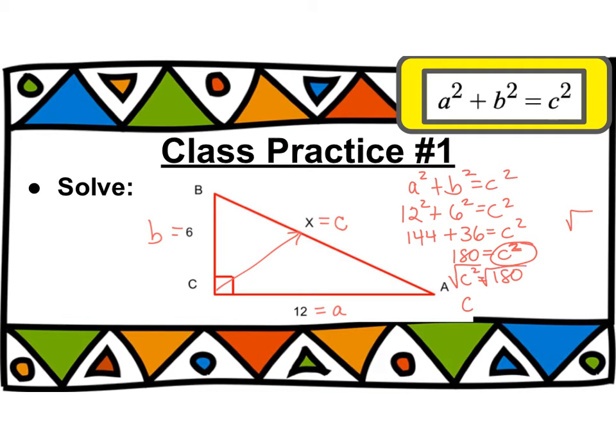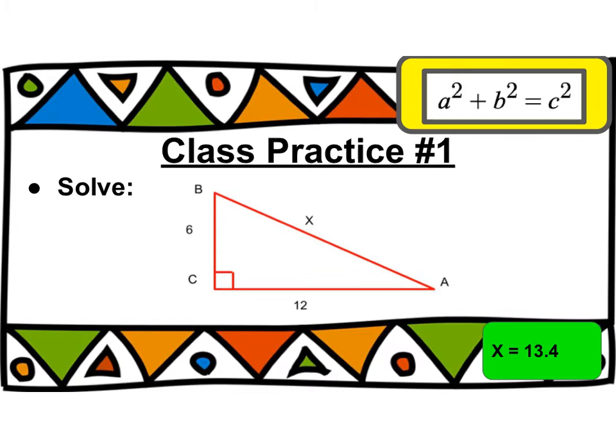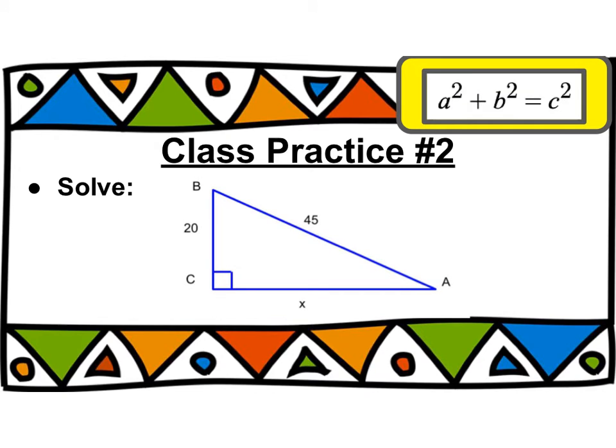And then I have to remember to take it on the other side as well. So this becomes the square root of 180. Pick up your calculator, find that square root button, and go ahead and hit it. We want to do 1 decimal place. So this comes out to be about 13.4. Did you get that? All right, let's try another one.